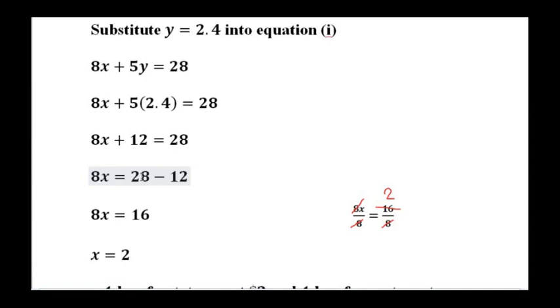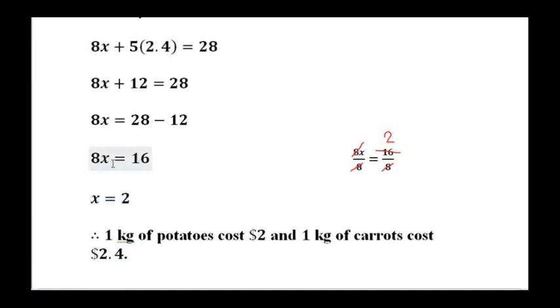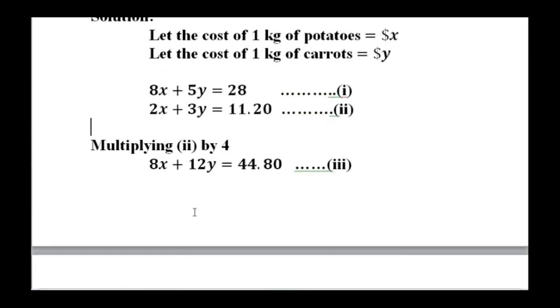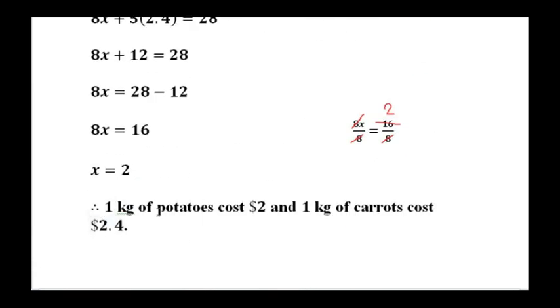We get 8x equals 28 minus 12. To solve this equation for x, I will divide both sides of this equation by 8. So we get x equals 2, which is the cost of 1 kilogram of potatoes. Therefore, 1 kg of potatoes costs $2 and 1 kg of carrots costs $2.40.